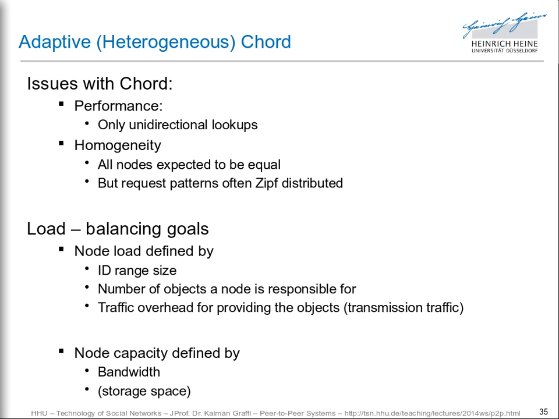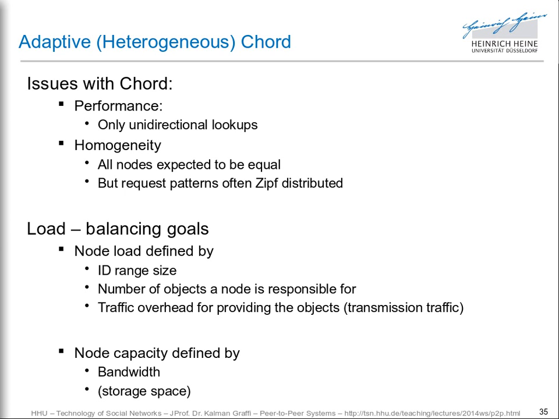Yes, we could enable load balancing, but still there does exist a lot of discussion on how to define load. For example, we saw in Globase, we have defined load as the number of nodes a superpeer has to maintain. But this is maybe not the critical load. For Chord, load may be defined as the number of objects a node has to maintain or is responsible for, or its ID range, or maybe the traffic for providing the objects.